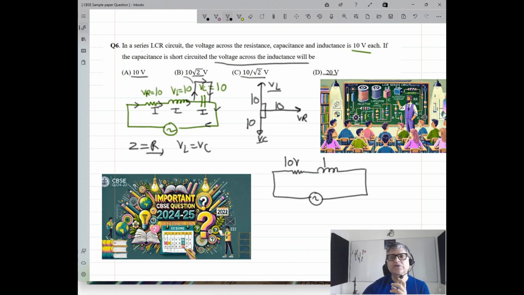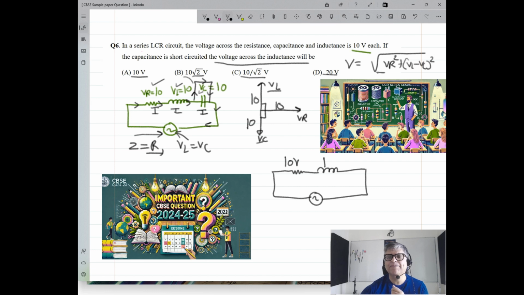So if I were to draw a voltage triangle and ask what is the magnitude of the voltage being supplied, if I know the value of VR, VC and VL, then the overall applied voltage will be given by the square root of VR square plus VL minus VC whole square.